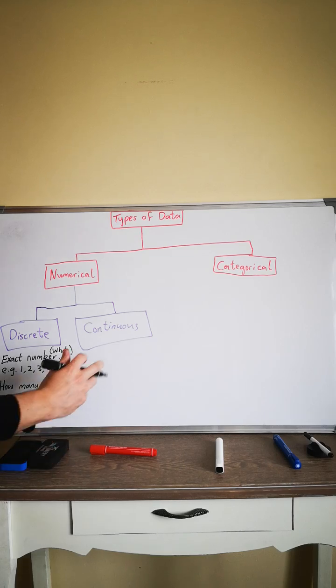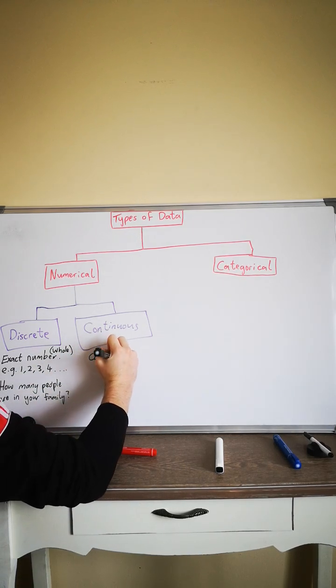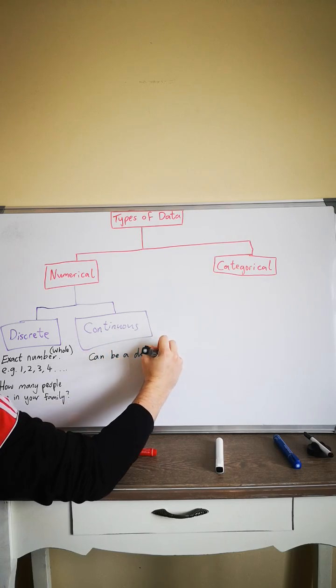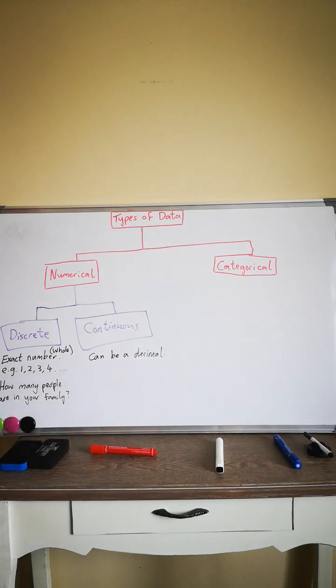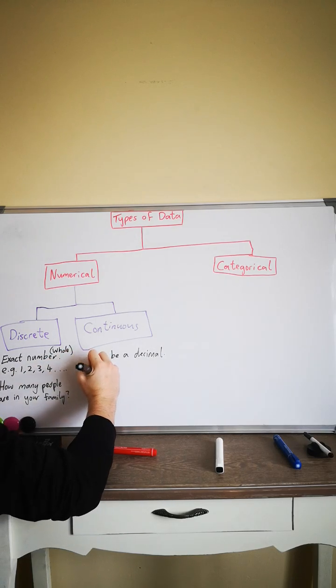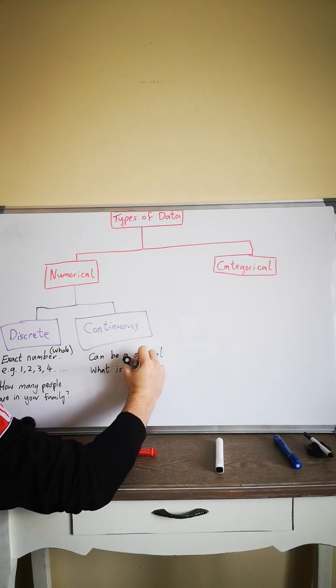But continuous, okay, this one, it can be a decimal. Okay, it's the best way to describe it. It can be a decimal. So for example, if I asked you things like decimals, okay, we're into geography, what is the rainfall today?